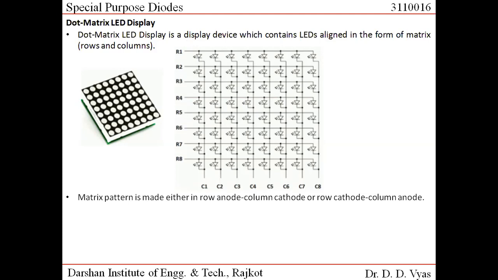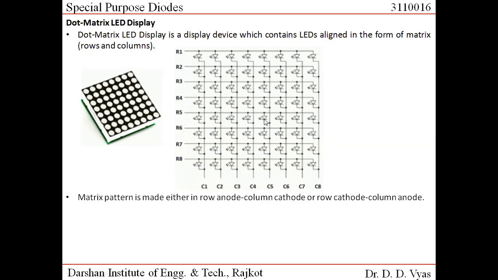Such dot matrix LED displays are made either in a row anode and column cathode arrangement, as shown here, or you can also have an opposite arrangement, where the cathodes are connected to form rows and anodes are connected to form columns, which would be exactly opposite to this arrangement.